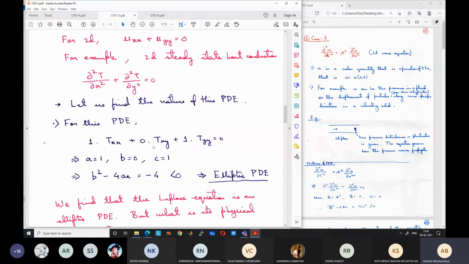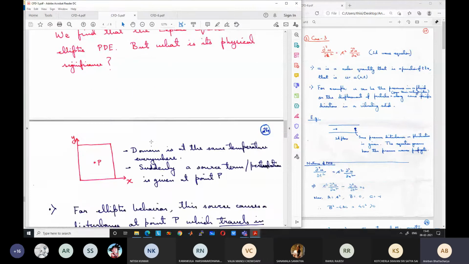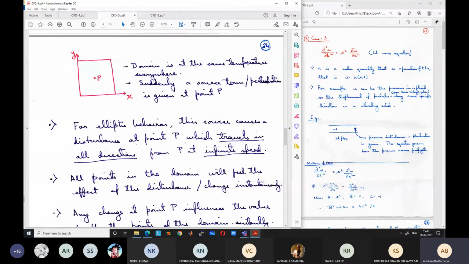Introducing any source term anywhere causes a change in the values everywhere in the domain instantaneously, because this is a steady state equation. If you change one of the boundary conditions or some source term, the steady state solution will change. It is as if the disturbance is traveling in all directions at infinite speed.